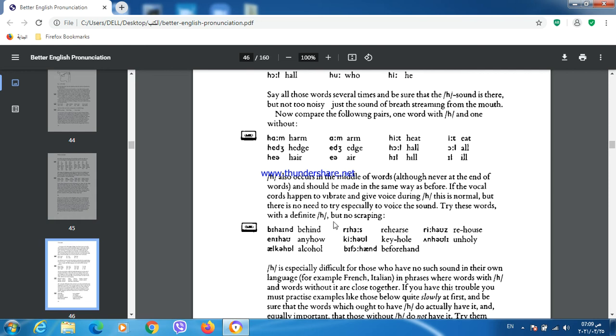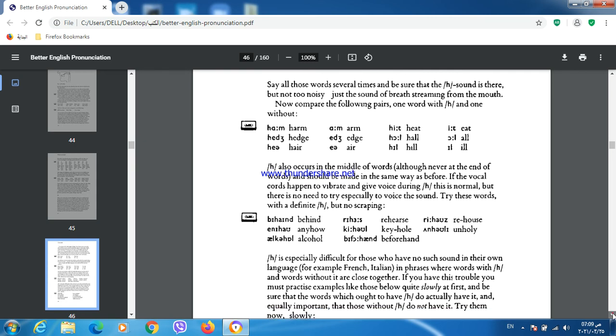Now: behind, rehearse, anyhow, keyhole, beforehand, rehouse, and unholy, this is the last word.